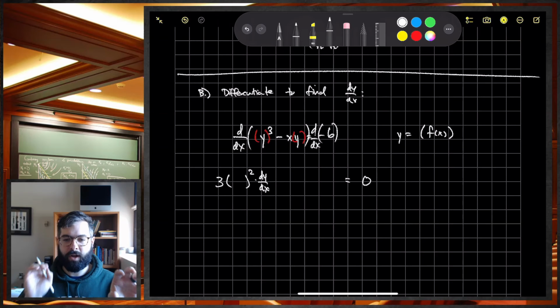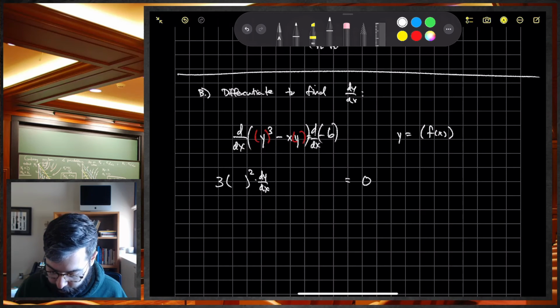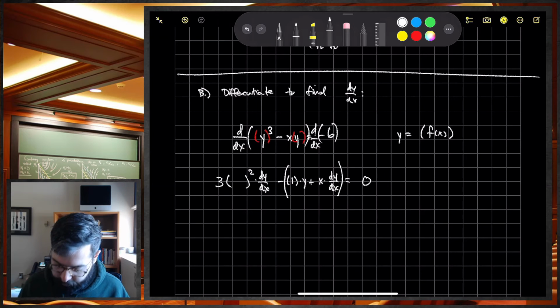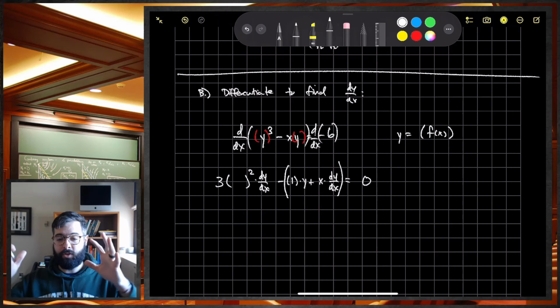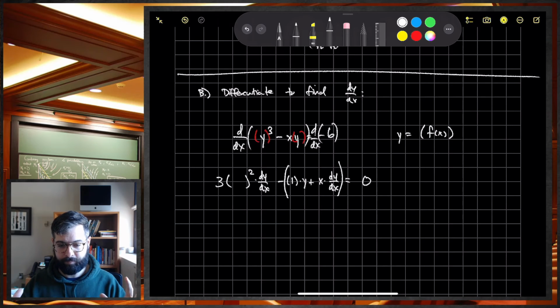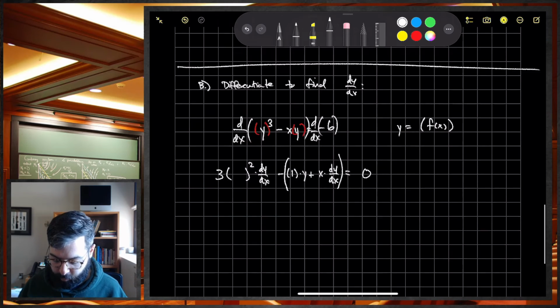I've got a product of two functions, so I actually need to use the product rule here. So minus, the derivative of x is just 1, times y, plus x times the derivative of y, which we know is dy dx. You'll notice I'm putting that whole thing in brackets because I'm subtracting the derivative of xy.